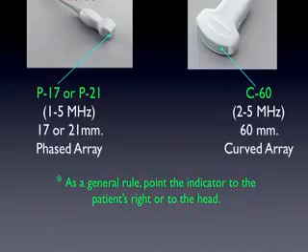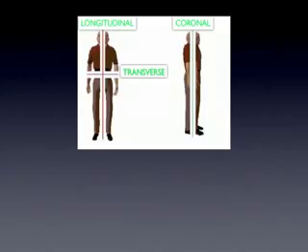And these probes, as a general rule, typically point to the patient's right or to the patient's head. And we're going to be examining the organs in either longitudinal, transverse, or coronal planes, and typically you want at least two of these views.